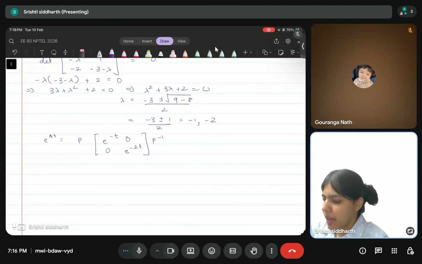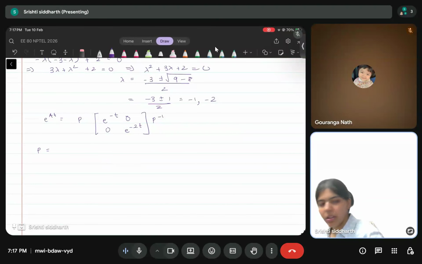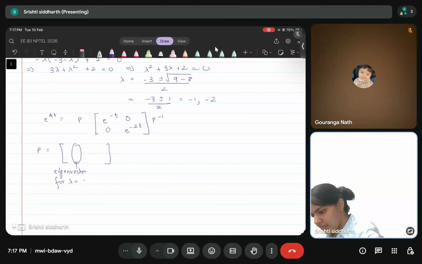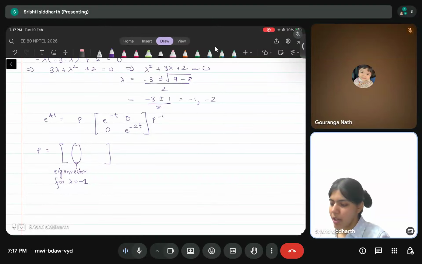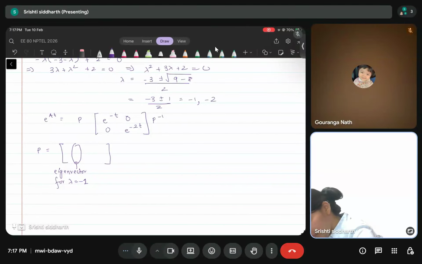So now we need to find out the matrix P. P comes from the eigenvectors of the eigenvalues. The first would be the eigenvector for lambda equals minus 1, because we have considered lambda equals minus 1 as the first eigenvalue and then minus 2 as the second one. Then the eigenvector for lambda equals minus 2.